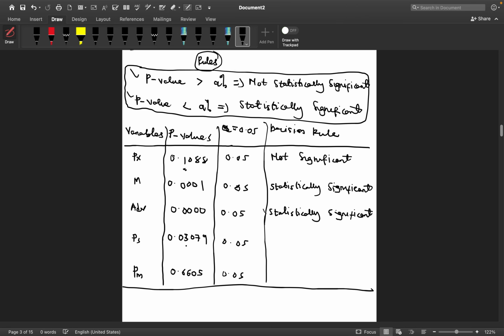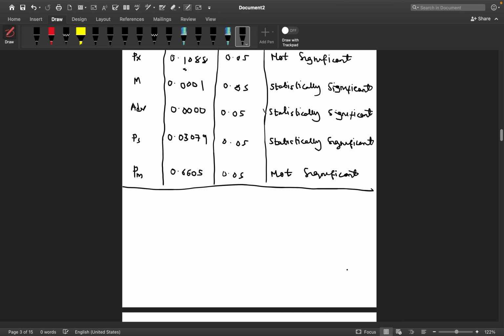The next one, 0.03, is less than 0.05, so it's also statistically significant. Then the last one, this is greater than this, so not significant. Okay, so that is what we have now.